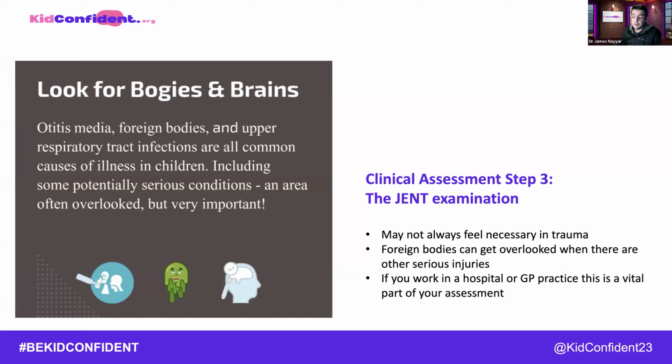If you work in a hospital or GP practice, this is a vital part of your assessment for all paediatric patients, and if you've got the equipment like otoscopes to have a look inside the ears, then that is something you should be doing because you can pick up loads and loads of signs of illness, such as bulging tympanic membranes and all sorts of things like that. But sell it as looking for bogies and brains because it's more fun.